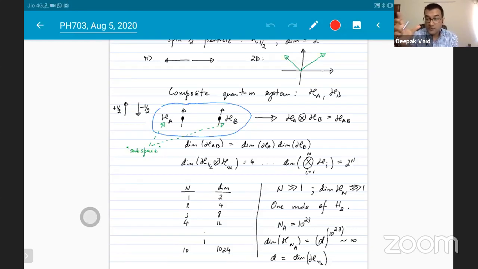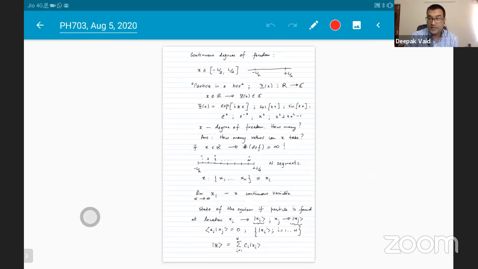What that means is that your matrices, your operators are 1024 by 1024 in size, and your state vectors have 1024 components, right? So that's a lot of information. You can imagine as you go up to 10, 20 or 30 or 1 mole of particles or atoms, the size of a Hilbert space becomes infinite for all practical purposes.